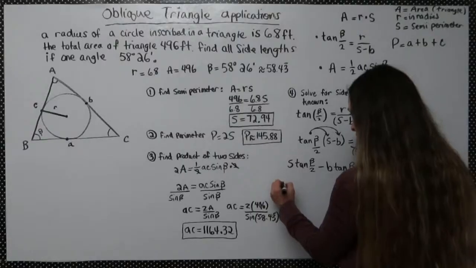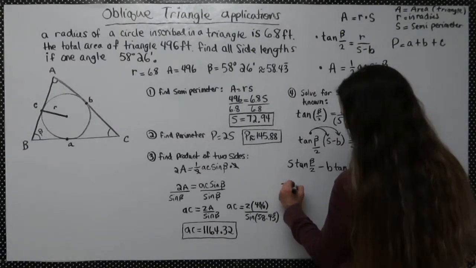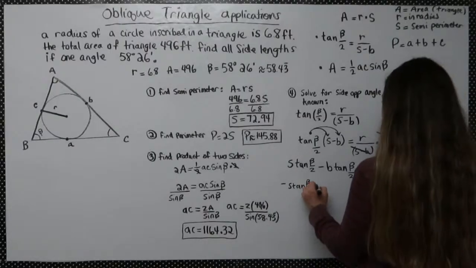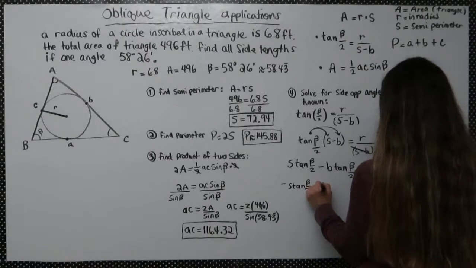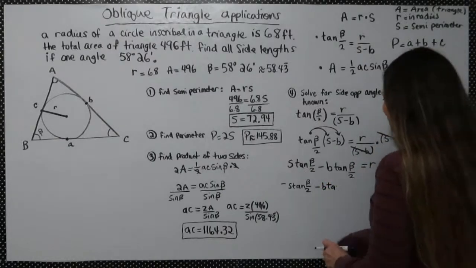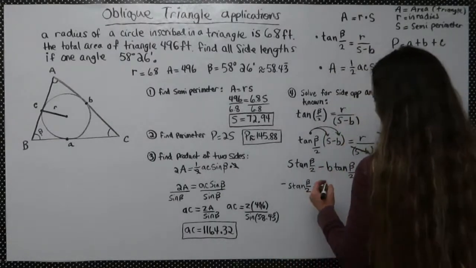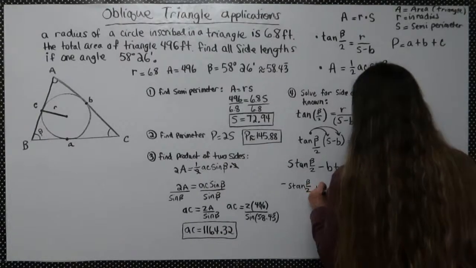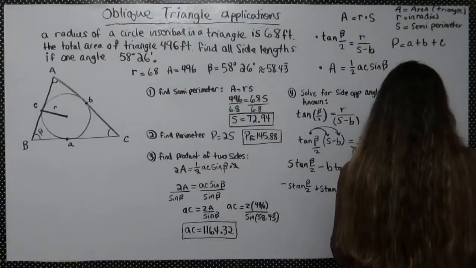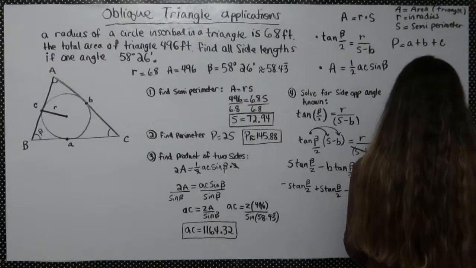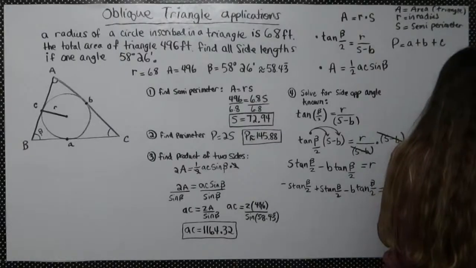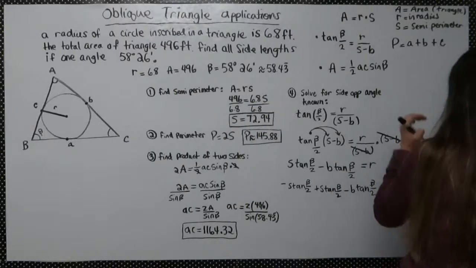So we'll say minus S tan beta over 2 on both sides, giving us negative b tan beta over 2 equals R minus S tan beta over 2.